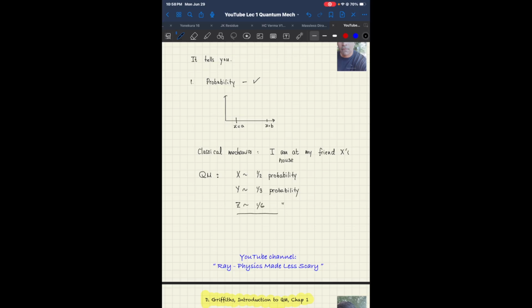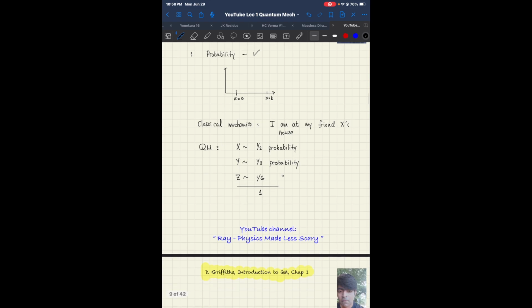Of course, the sum has to be 1. So 3/6, 2/6, and 1/6. Yeah, it's 1. So now you are a bit older and you don't want to tell your mother exactly where you are, so you say X's house with half probability, Y's house with 1/3 probability, and Z's house with 1/6 probability.